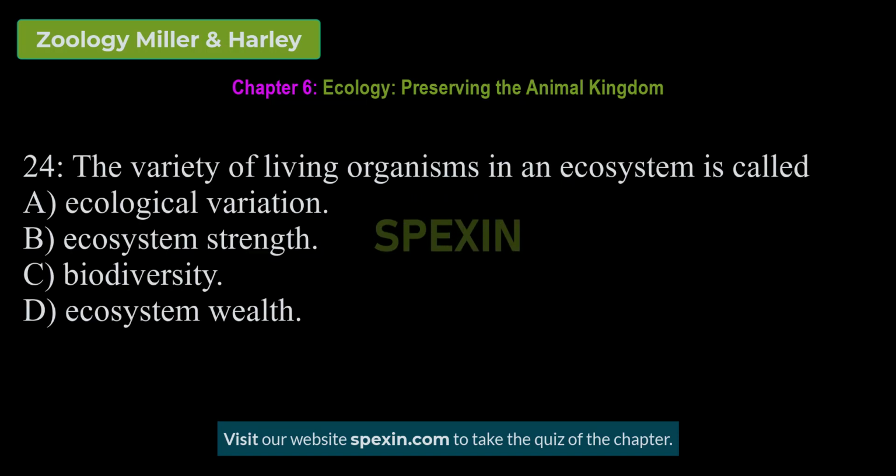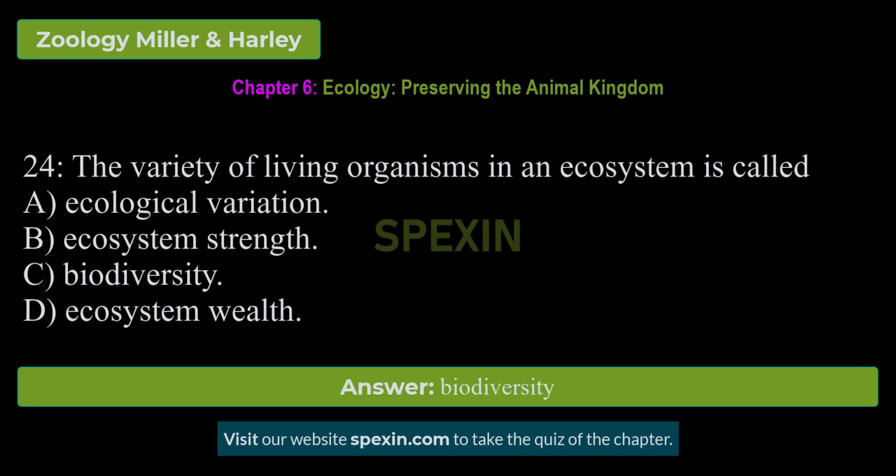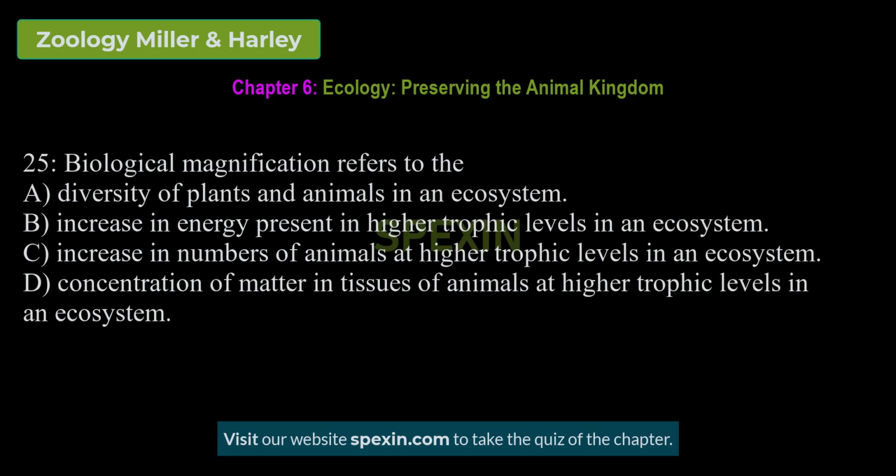The variety of living organisms in an ecosystem is called ecological variation, ecosystem strength, biodiversity, ecosystem wealth. Correct answer: biodiversity. Biological magnification refers to the diversity of plants and animals in an ecosystem, increase in energy present in higher trophic levels in an ecosystem, increase in numbers of animals at higher trophic levels in an ecosystem, concentration of matter in tissues of animals at higher trophic levels in an ecosystem.